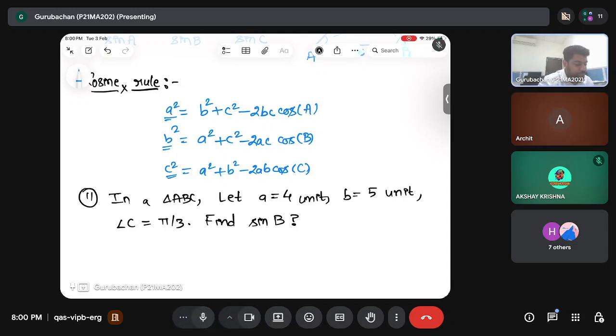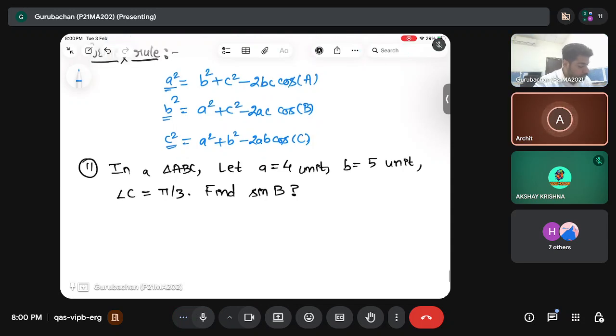How? Sir, first we will find the side C by using cosine rule.